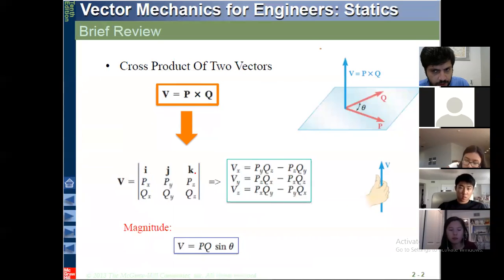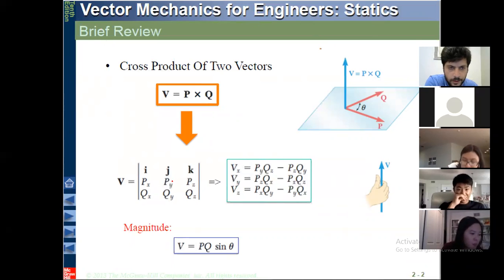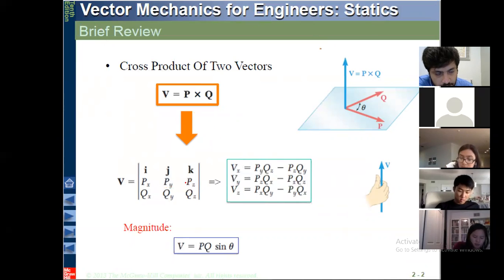You put ijk on top, and px, py, pz, which is the first vector, on the second row, and qx, qy, qz on the third row. And when you want to calculate each of the components, well, the cross product is a vector, so it should have three components in three-dimensional space. So when you want to calculate each component, the best way is to actually do something like this.